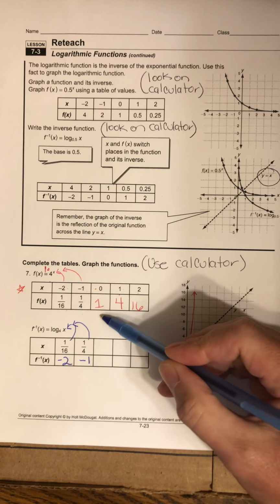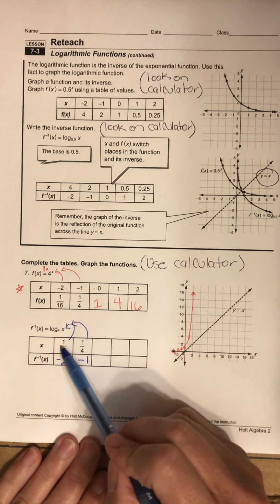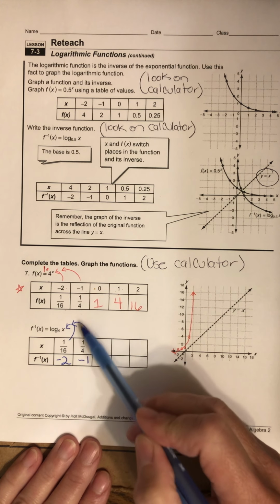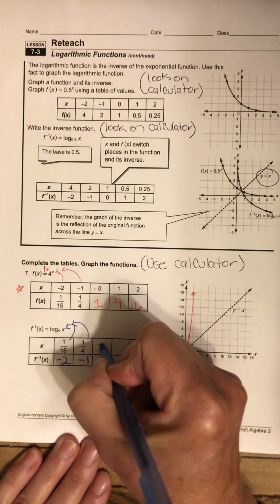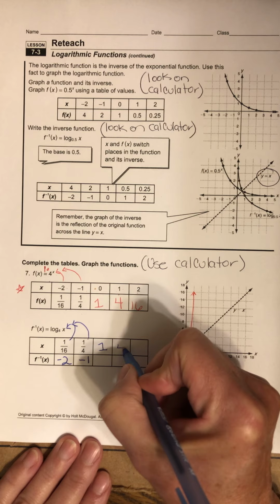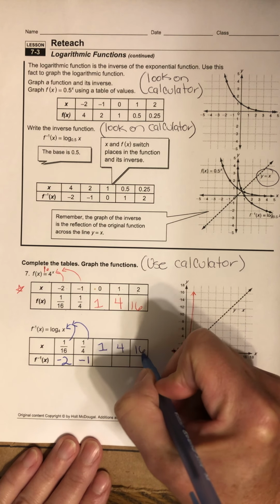Okay, now they're asking us to look above, right? Notice they use the 1/16, the 1/4. Now we're going to use the f of x equals 1, f of x equals 4, and f of x equals 16.